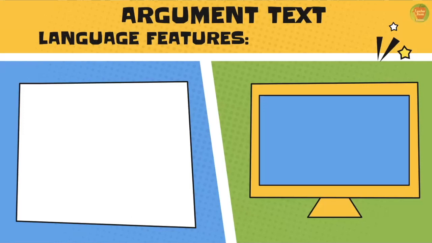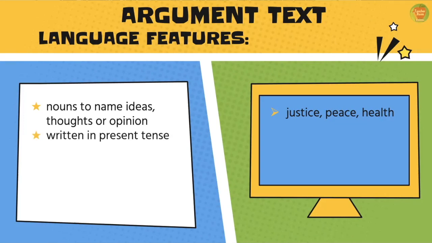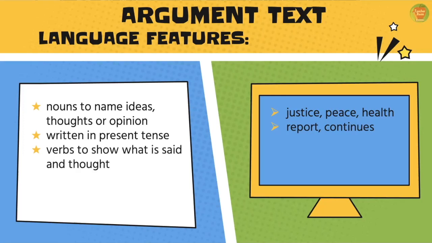The language features of an argument text are nouns to name ideas, thoughts, or opinions like justice, peace, or health. It is written in present tense, like report, continues. The verbs show what is said and taught, like know, imagines.